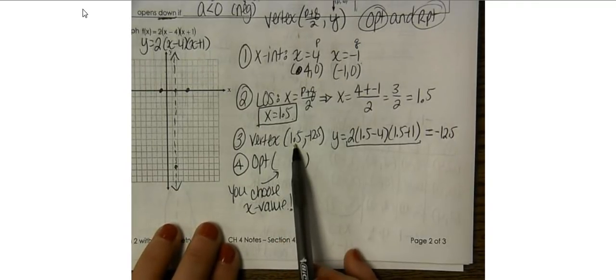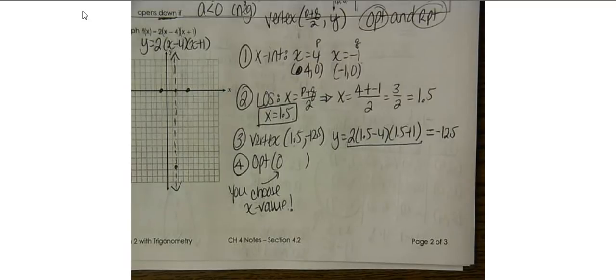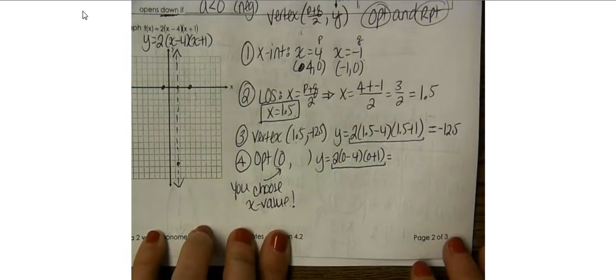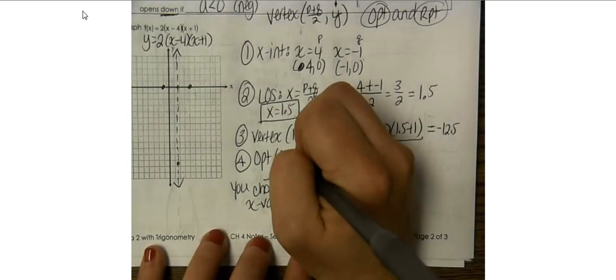So pick something else. Maybe the number 0. 0 is a pretty easy number to work with, or work with the number 1. If I were to let x equal 0, I would plug it in and y is equal to 2 times 0 minus 4 times 0 plus 1. You can put this expression into your calculator exactly as you see it, and you will end up with negative 8. So 0, negative 8 is your OPT.